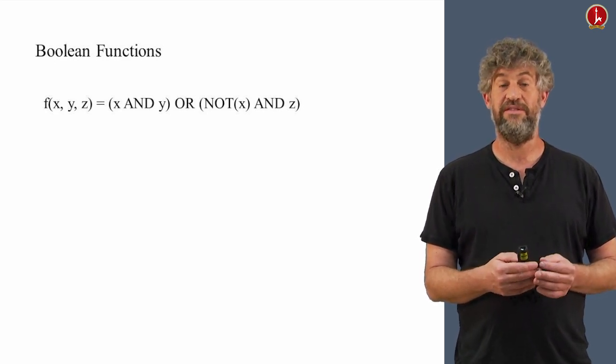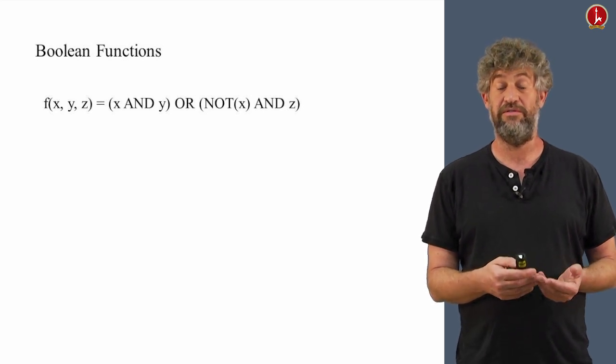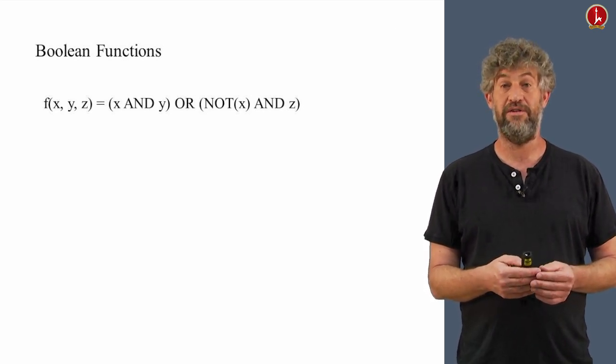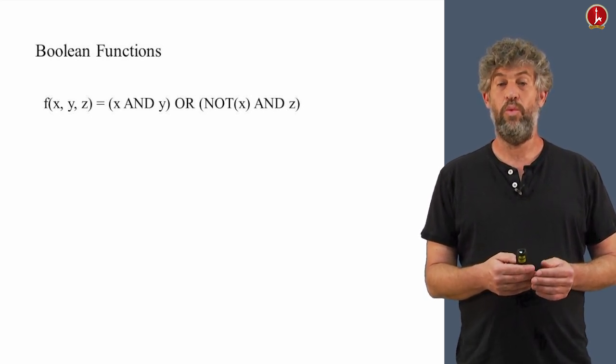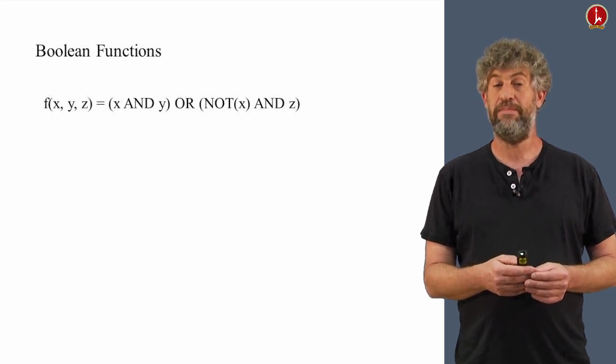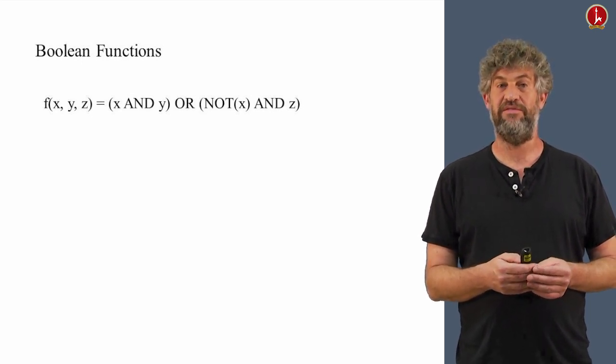And look in the parentheses to see the priorities that I was thinking about. Of course, I could define any other function by any other Boolean formula, and that would give me a function. If we want to know what kind of function that is, well, we can actually list all the possible values of x, y, and z, and for each one of them, try to write down what is the value of the function.